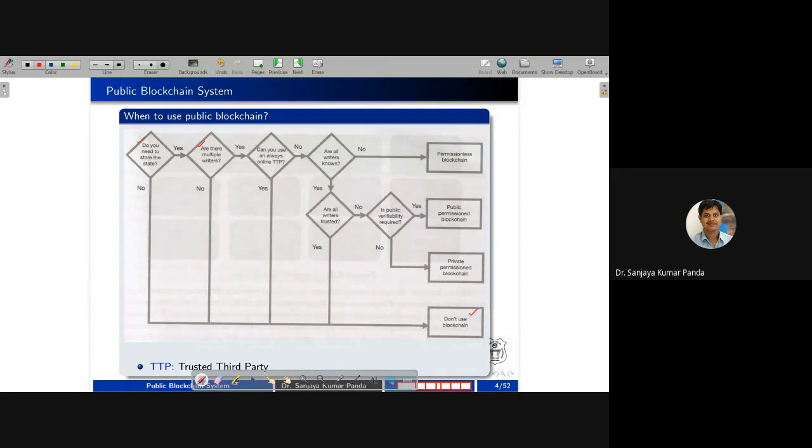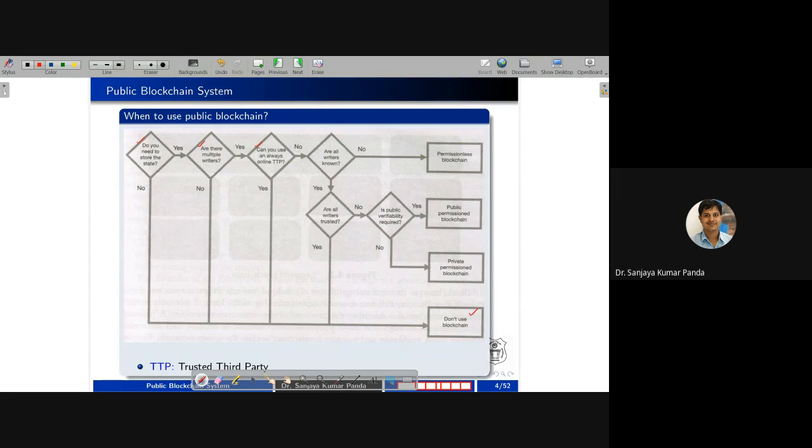Now the third question. If your answer to the first two questions is yes, then I'll ask the third question: can you use an always online TTP? TTP stands for trusted third party. Like a bank is a trusted third party, right? So do you think a third party is required while you are making a transaction?